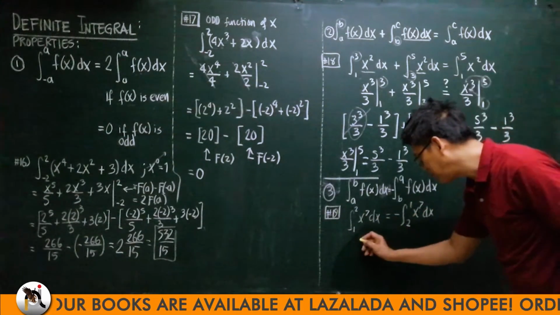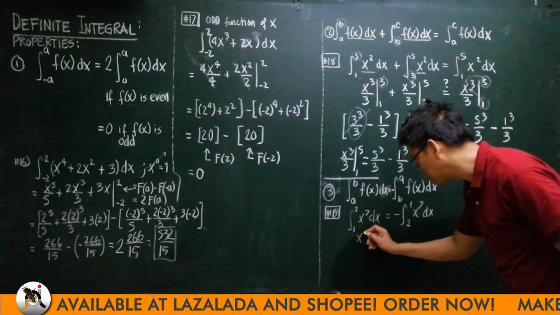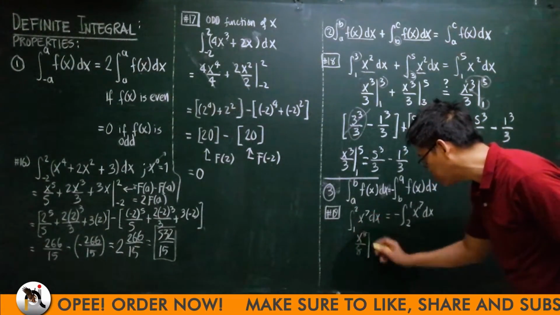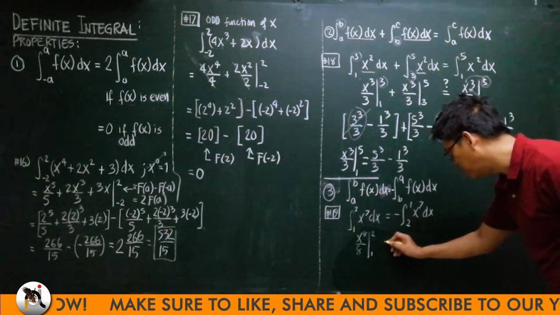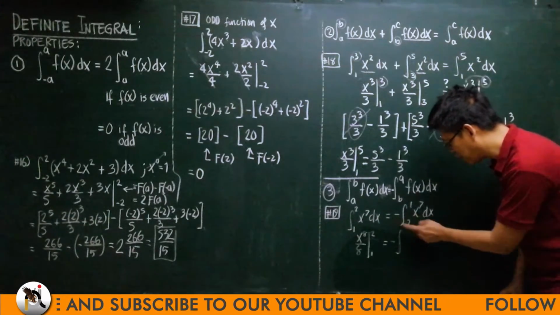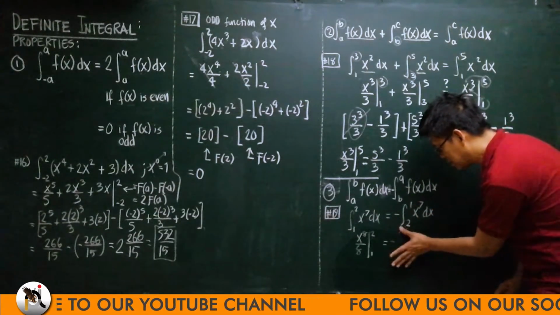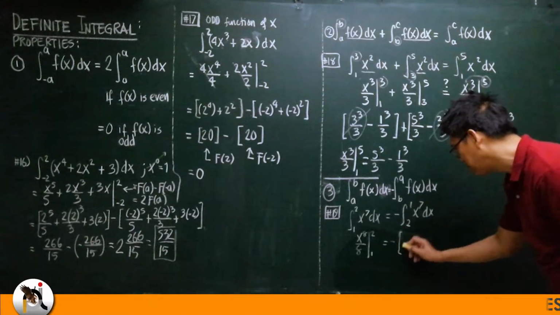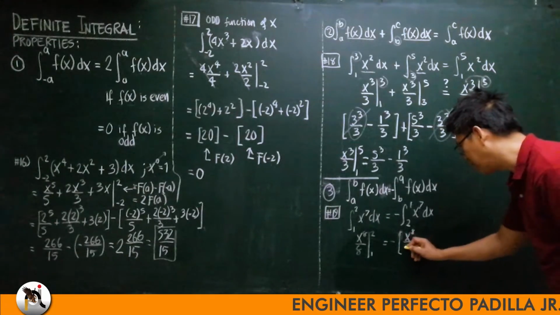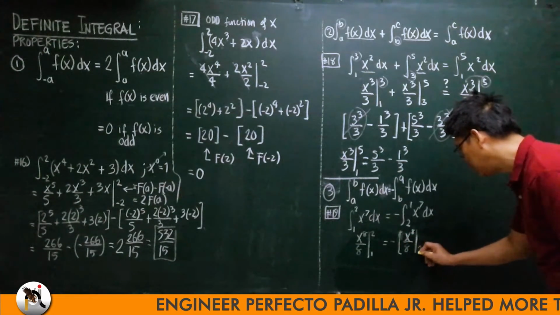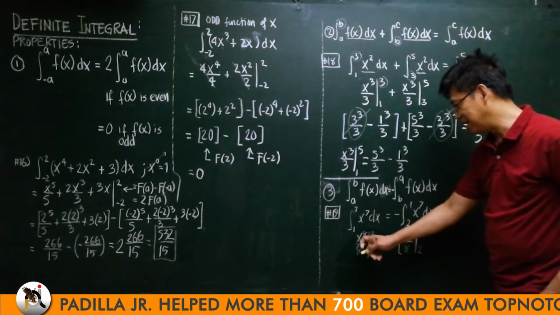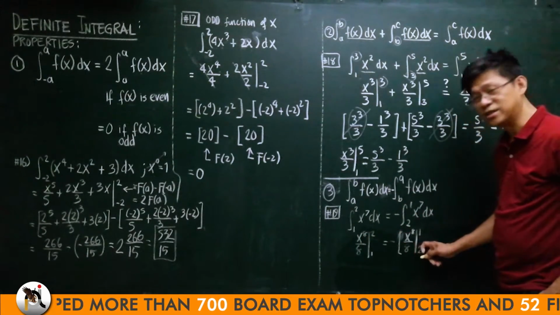So the integral of x to the 7 is x to the 8 over 8 with limits from 1 to 2. What we want to prove is that this is the negative of the integral from 2 to 1. So this is the same as x to the 8 over 8, but this is 2 to 1.